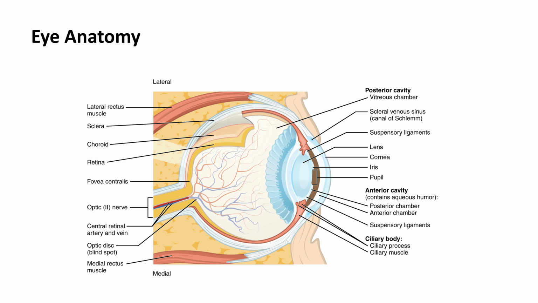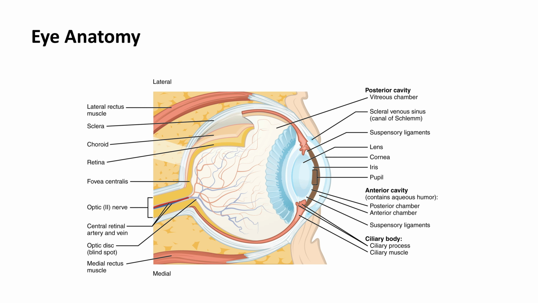Your lens is your oval-shaped, solid but flexible, transparent structure held in place by your suspensory ligaments. This is attached to the ciliary body. You have your anterior cavity. You can see it here in the picture that contains your aqueous humor. It is the space between the iris and the cornea.